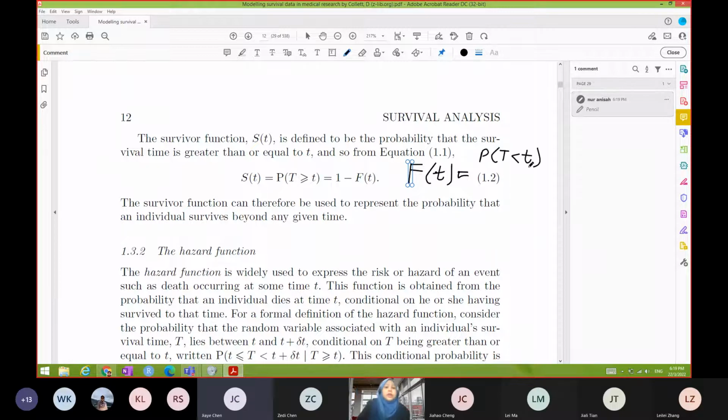So S(t) equals the probability T greater than or equal to t, therefore it equals 1 minus F(t). The survival function can therefore be used to represent the probability that an individual survived beyond any given t, so you survive after the event. That is the survival function, which we represent as S(t).